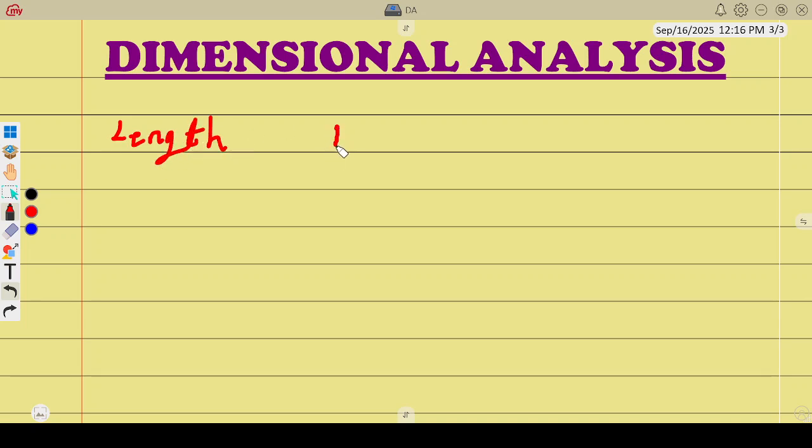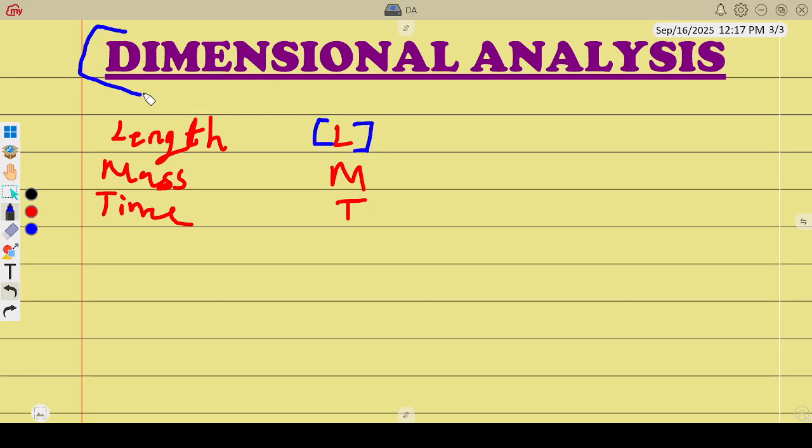We said length, the symbol is L. Mass, it is M, and time, it is T. Yeah. So but don't say money in class, they are going to chase you. So time there.